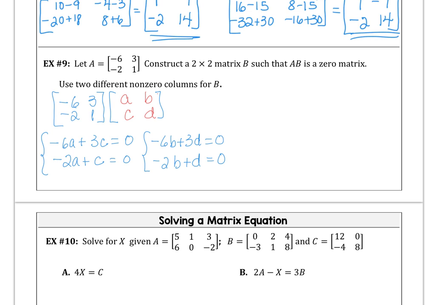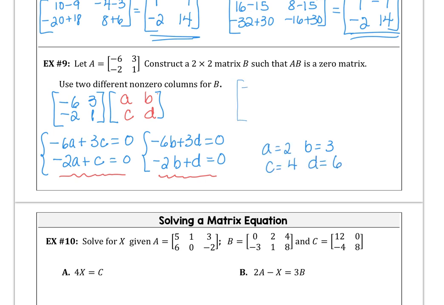So this set relates A and C, and this set relates B and D. And if you solve those, you're going to find that A is 2, B is 3, C is 4, and D is 6.